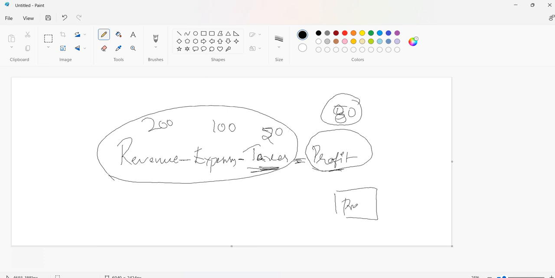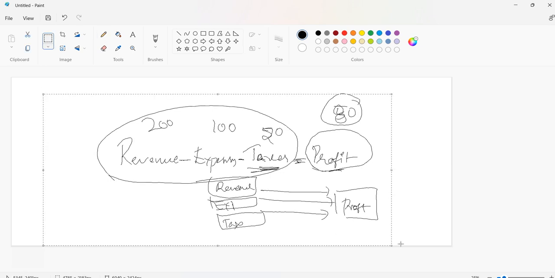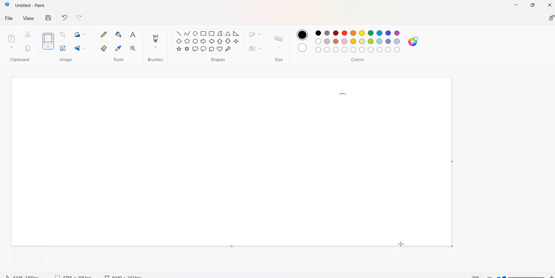Which one is profit? What are the factors that are influencing this profit? We have three factors. One is revenue, for which we will create a box. Then expenses, then taxes. So the influence chart of the given formula is: profit is at the center.